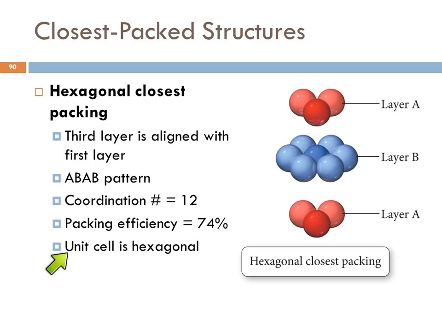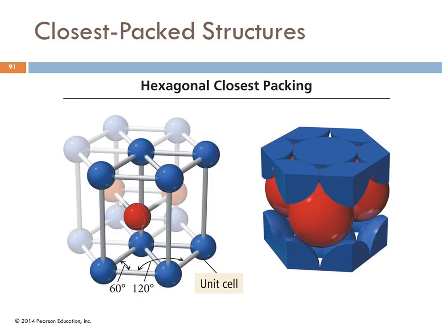When we look at the unit cell, it's hexagonal. Coordination number of 12. Does that sound familiar? Face-centered cubic had a coordination number of 12. But this one's a little different, isn't it?